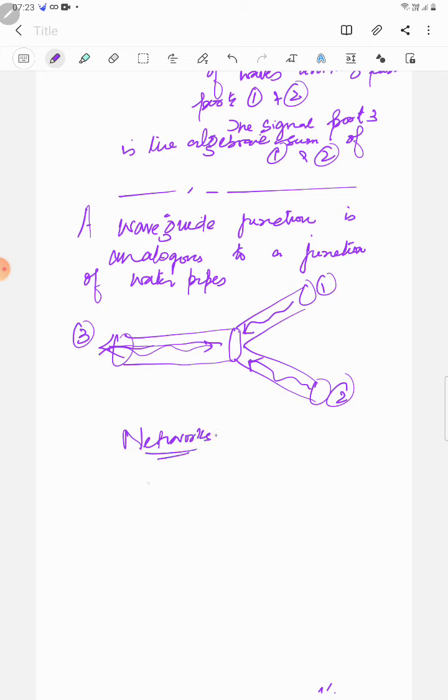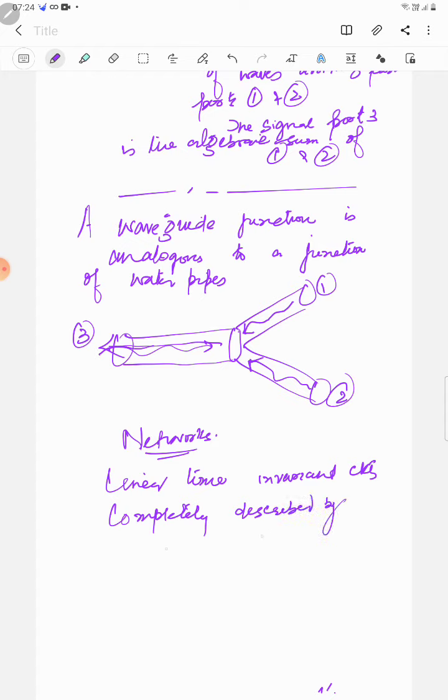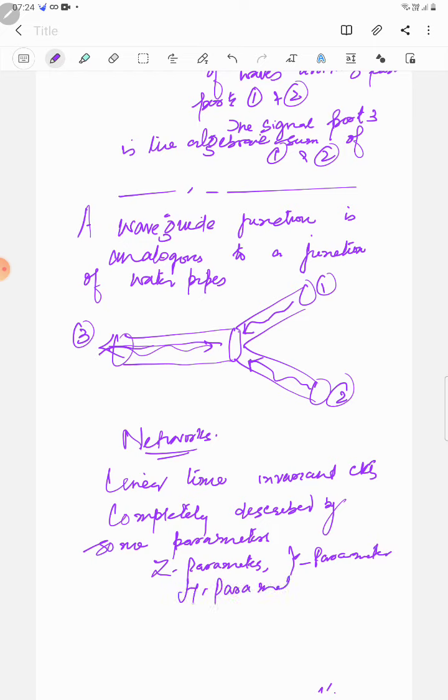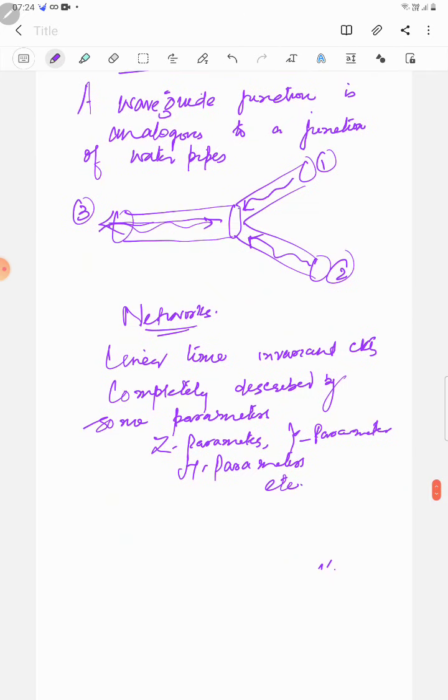See, it's well known that linear time invariant circuits are completely described by some parameters like Z parameters, Y parameters, H parameters, ABCD parameters, etc. But at higher frequencies or at microwave frequency, we use a different set of parameters called S parameters for describing networks.